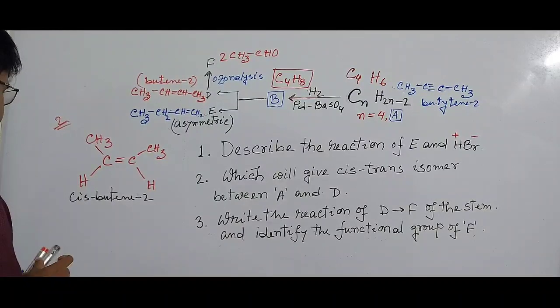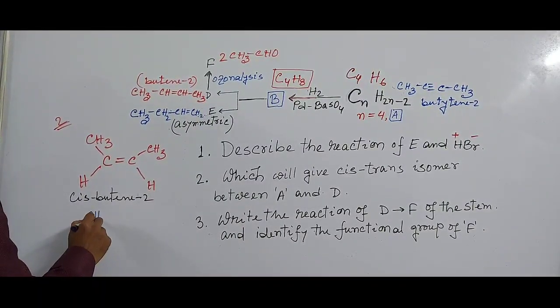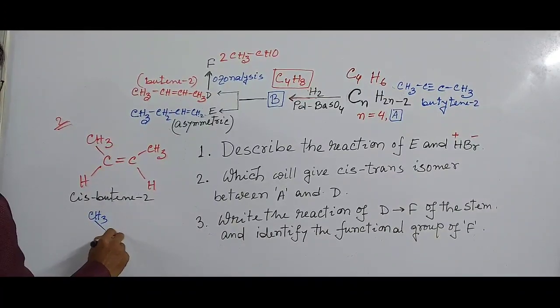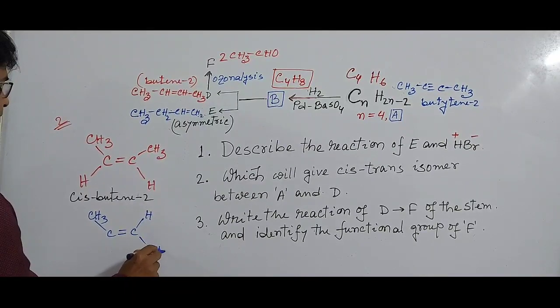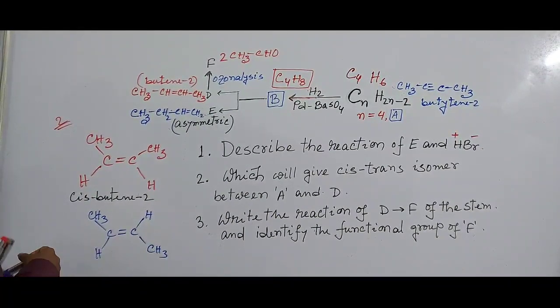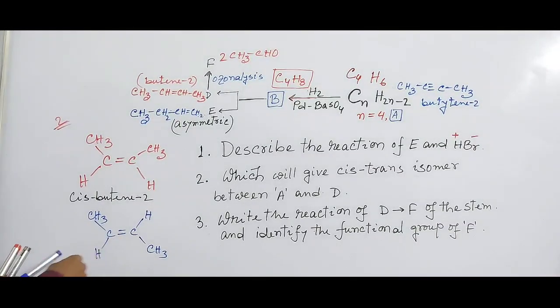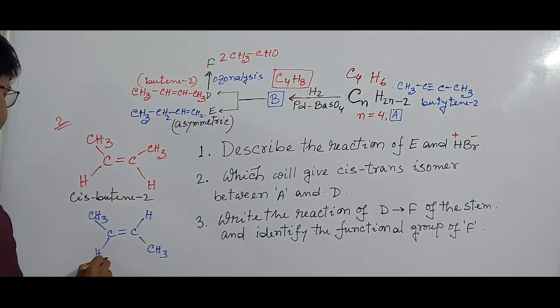And if I write this configuration oppositely, then it will be trans-butene 2. Students, here the 2 methyl groups are on opposite sides to each other, that is why it will be trans-butene 2.